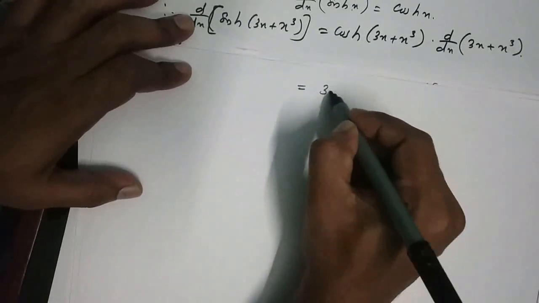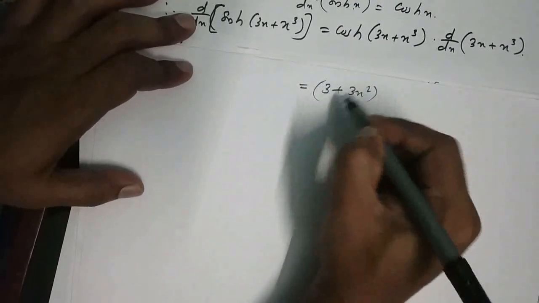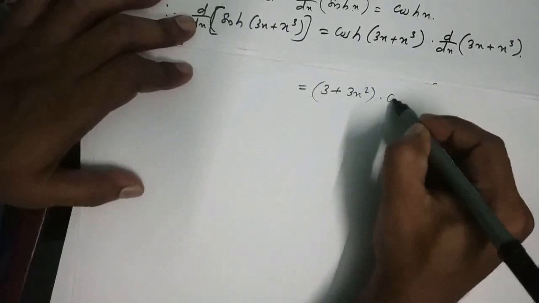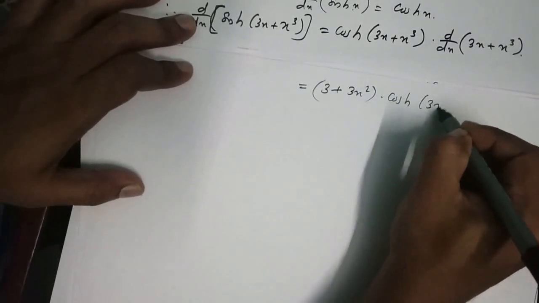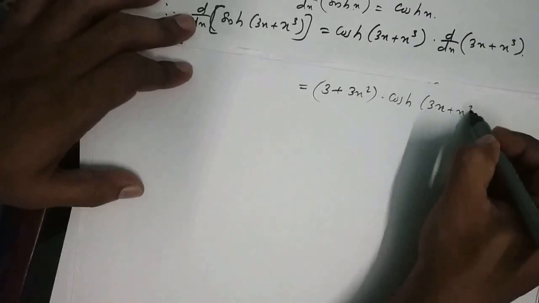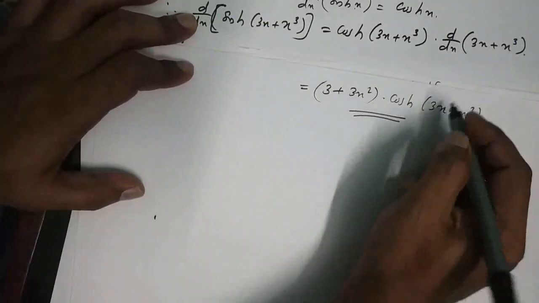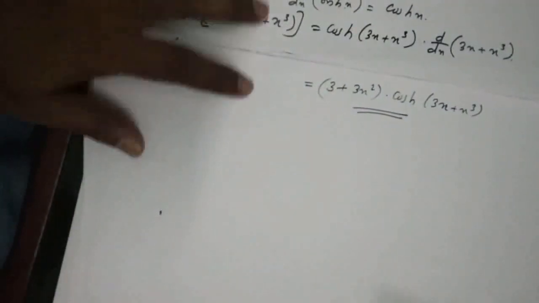So 3 plus 3x square into cosh of 3x plus x cube. This will be the answer. Okay, this is the question.